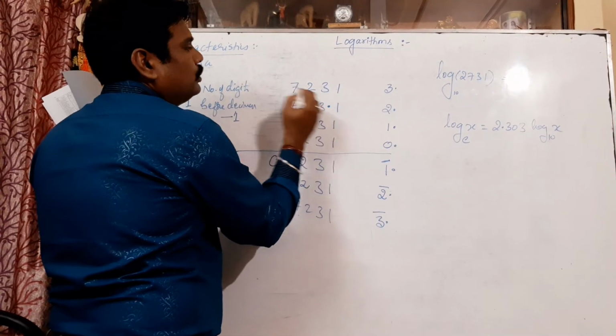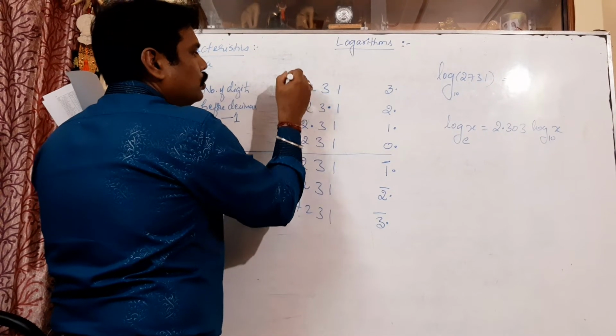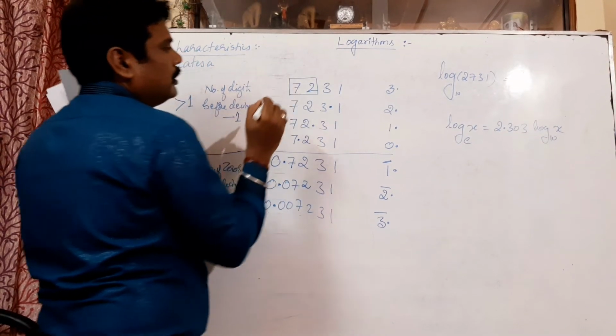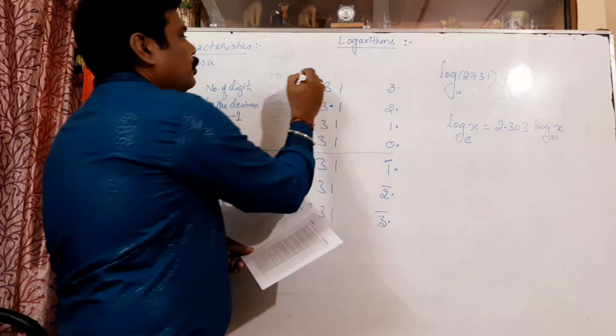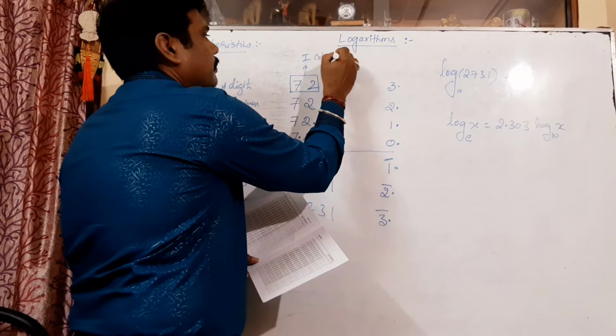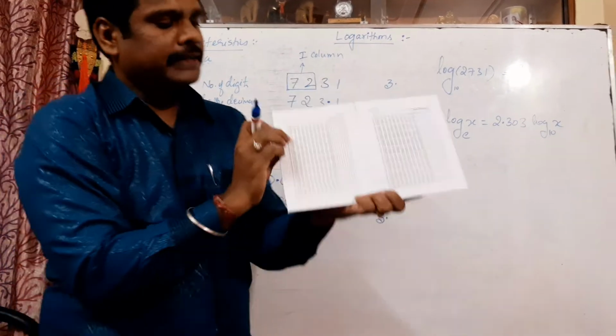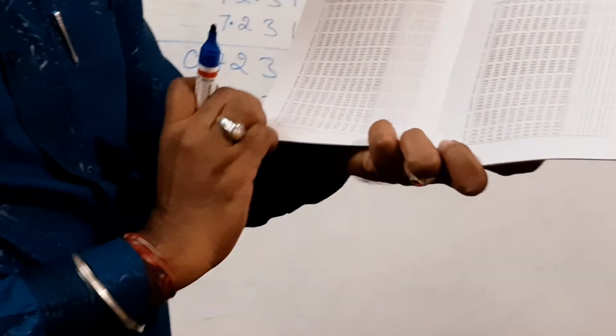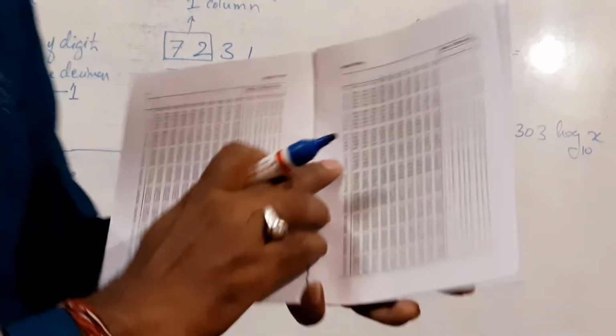In 7231, the first 2 numbers are 72. Those first 2 numbers should be searched in the first column. In the first column, you have to search for 72. Here is the 72 position.